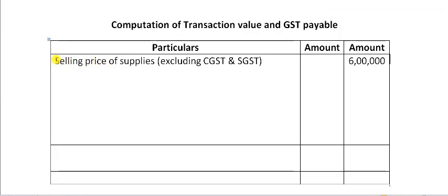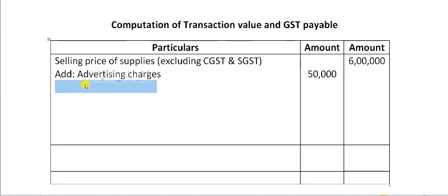So the first one, selling price of supplies 6 lakh. The next one, advertising charges 50,000. Next, publicity charges 25,000.